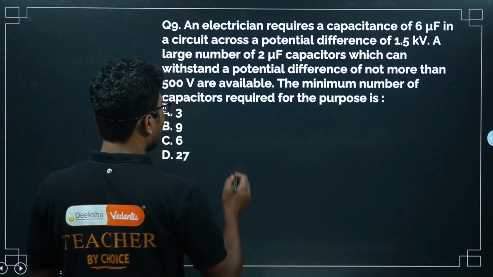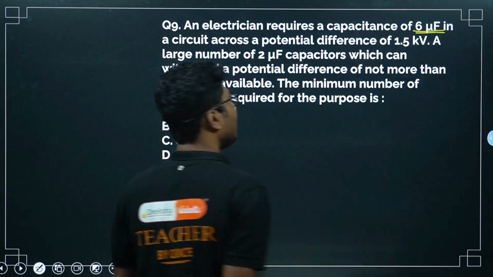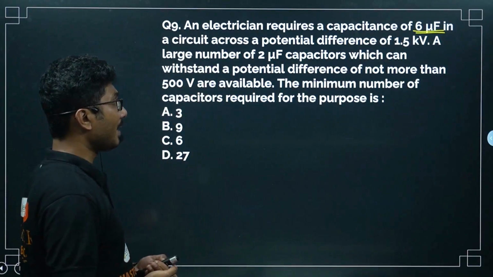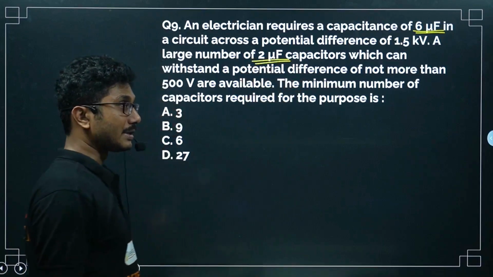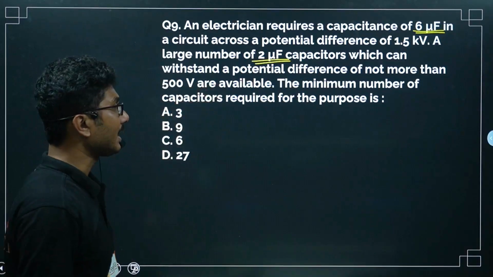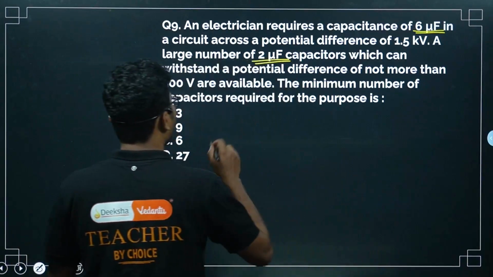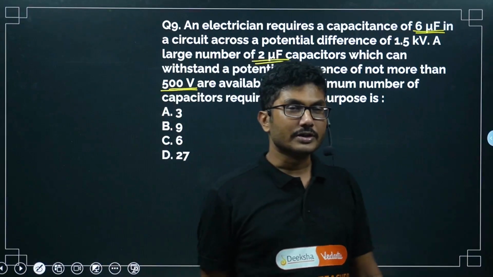We have to achieve 6 microfarad as equivalent capacitance, but we have many 2 microfarad capacitors. The catch is that each capacitor can withstand a maximum of 500 volt. So it is not so easy.